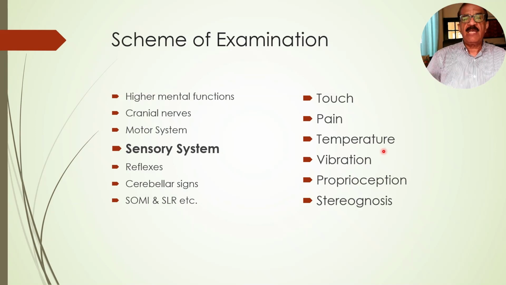He can differentiate a soft thing from a sharp thing, heavy from a light thing, rough from fine things, and the patient can recognize things. This is called stereognosis, and these sensations are actually cortical sensations. You need to have an intact brain, the cerebrum, to be able to have these sensations positive.